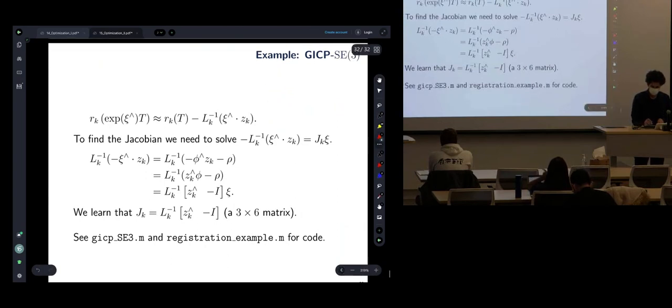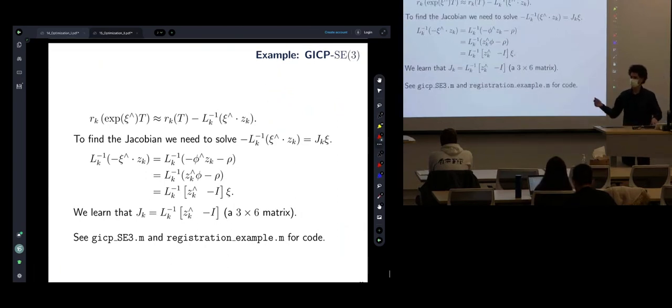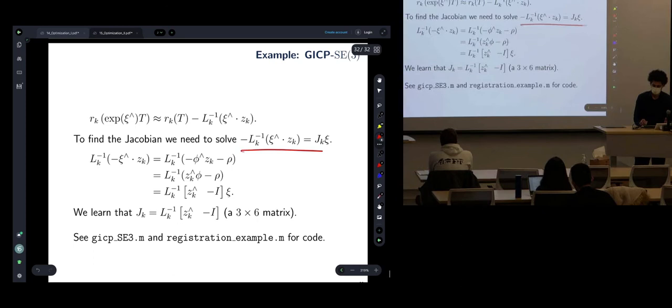In the same way we find the H matrix in the invariant EKF, it turns out that if I find a matrix that, when I multiply it by the perturbation as a vector, gives me the same result as the left-hand side, that will be the Jacobian. So expand the twist, do all the manipulation, and what you find is this result.